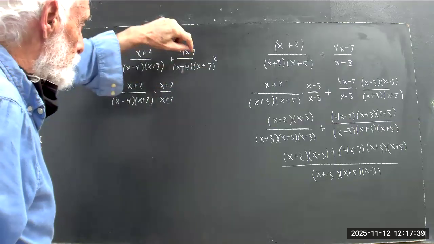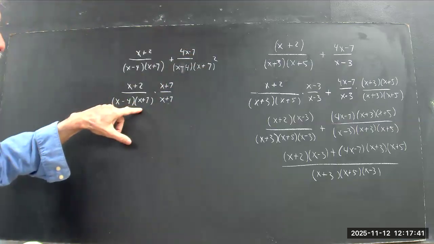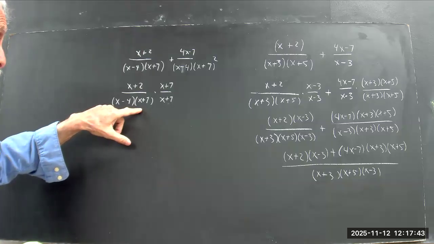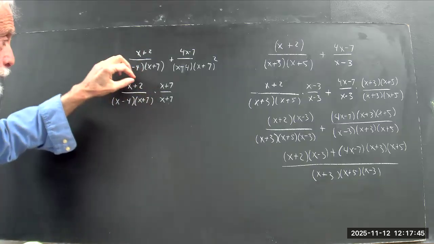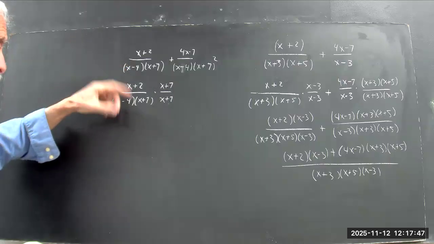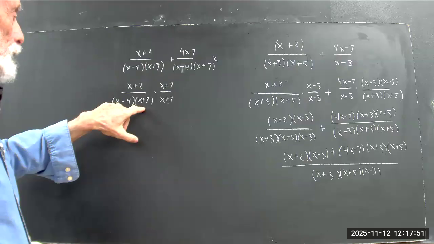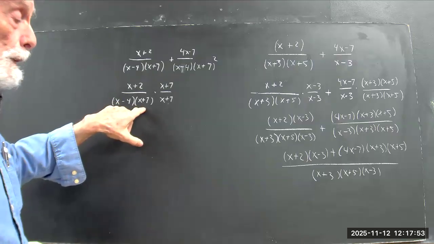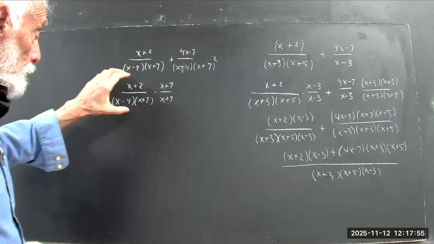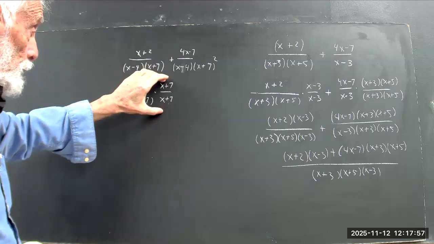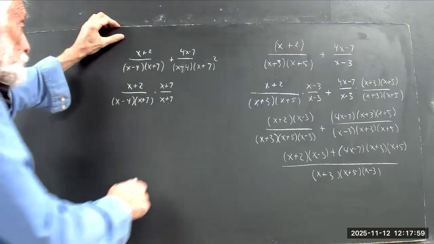But again, we need another x plus 7 in the denominator of the first expression, so we multiply the first rational expression by x plus 7 over x plus 7.